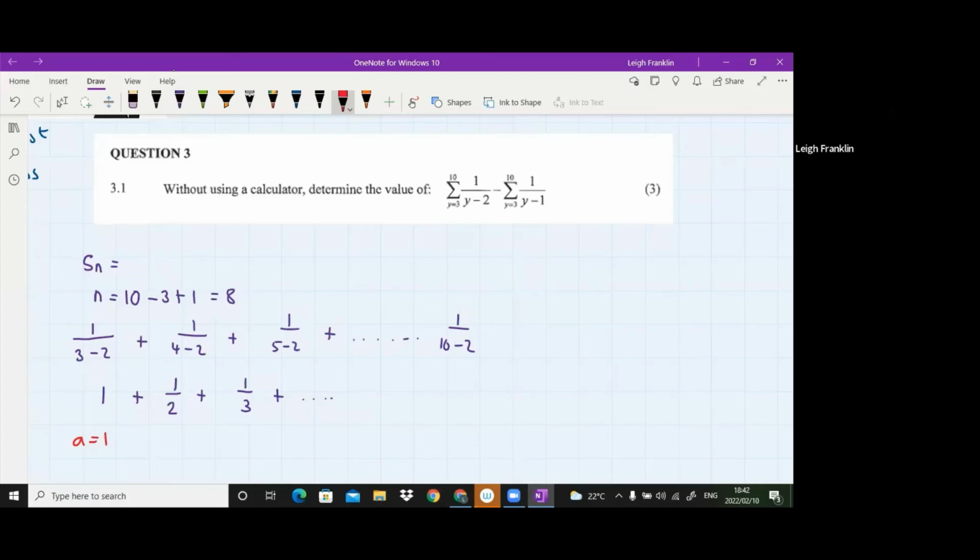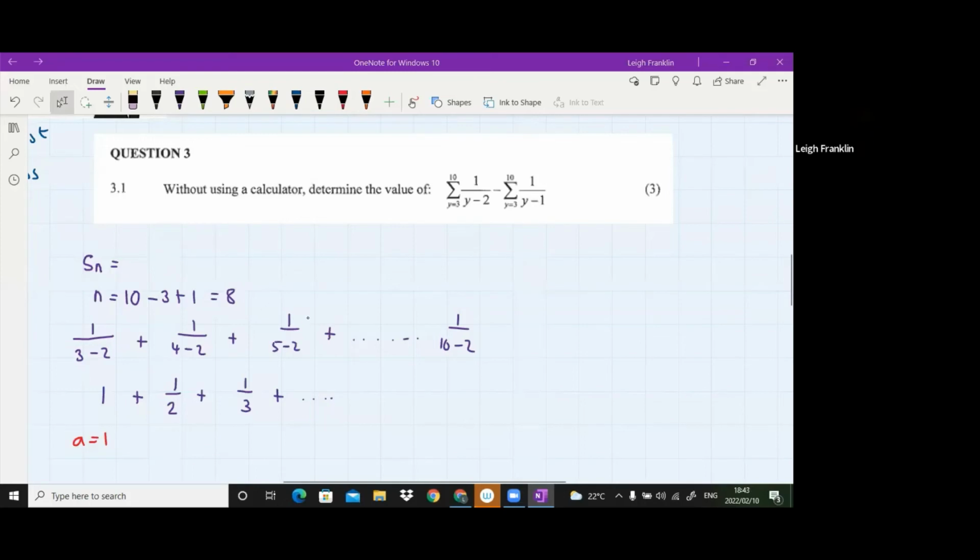So 3 minus 2 is 1. Then we go to sub in 4. 4 minus 2 is 2. Then we go to sub in 5. Why did your minus change to a plus?